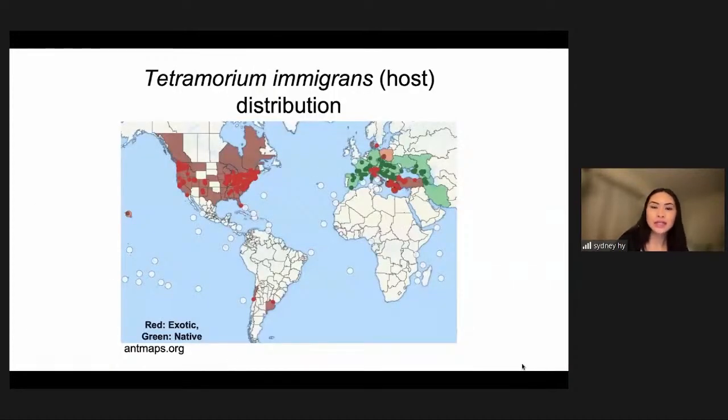So as I stated, I started studying Tetramorium immigrans, the pavement ant, in North America with an interest in urban ants and urban ecology. In studying these ants, where they are well acclimated to urban environments, their lifestyle is very interesting, and their introduction history begins with the European settlement in the 17th and 18th century.